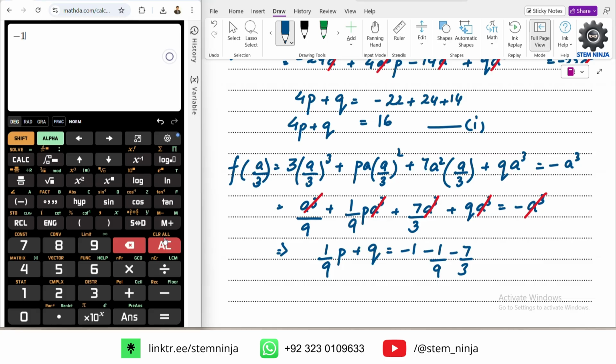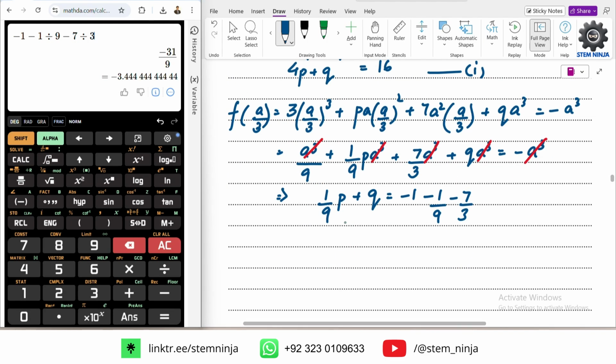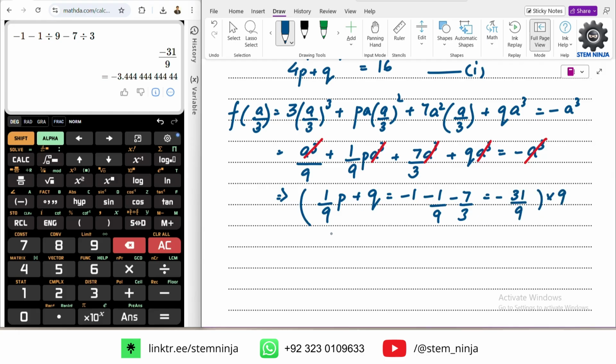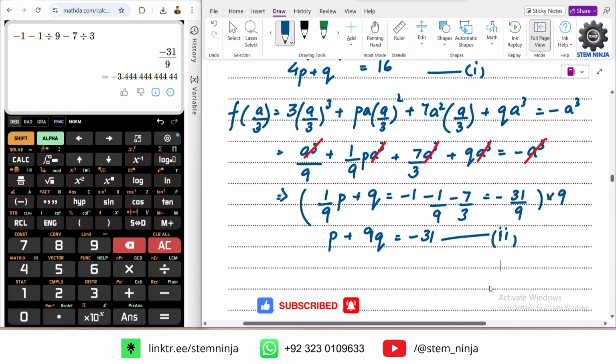So we have minus 1 divided by 9 minus 7 divided by 3, which is minus 31 over 9. Okay? So minus 31 over 9. So when we multiply both sides by 9, you get p plus 9q equals minus 31. Right. Now this is the second equation.